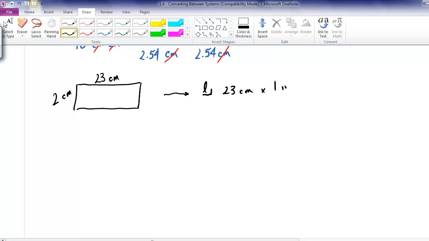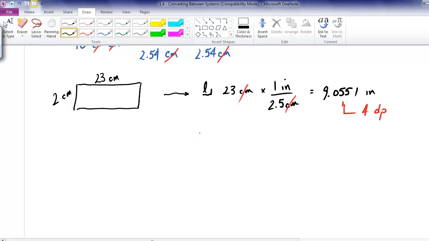So we're going to multiply by our conversion, and they're going to cancel out. And what we're going to end up with is 9.0551 inches. And when you're doing these kinds of calculations, intermediate calculations always go to 4 decimal places.